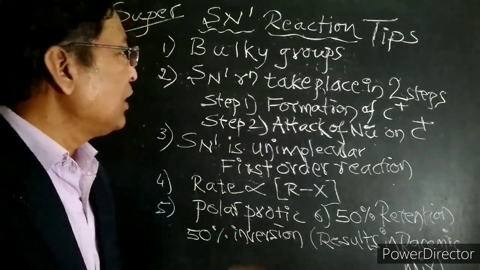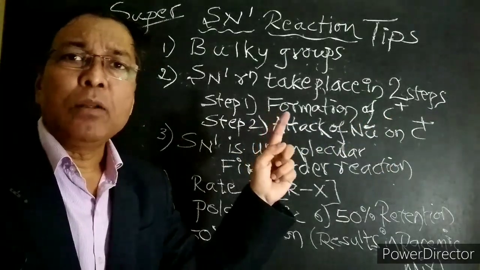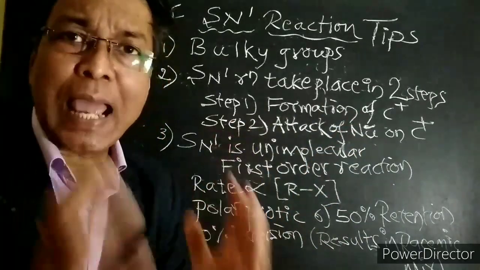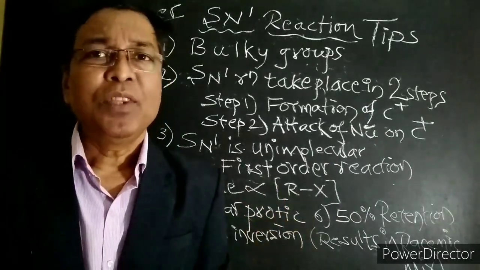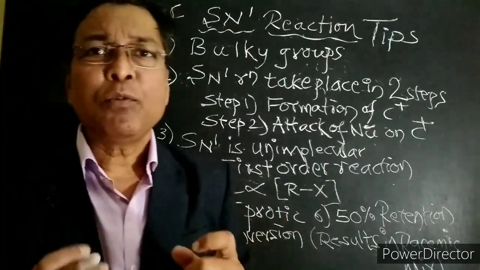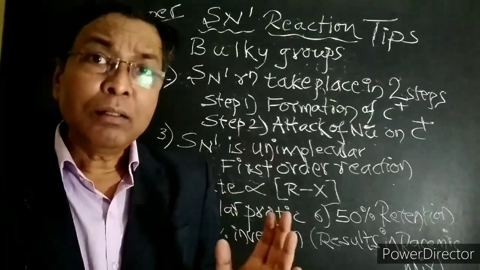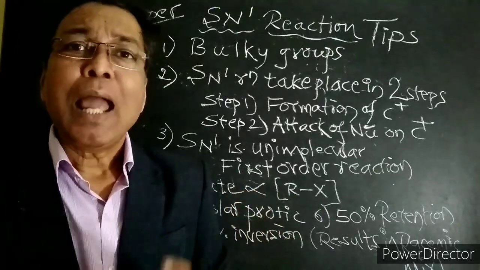In the first step, the formation of carbocation takes place. I have already explained why the formation of carbocation takes place. The answer is the bulkier groups present on the carbon atom feel uncomfortable, they fight for the space. Due to steric hindrance, they feel uncomfortable. As a result, they push the halogen atom.